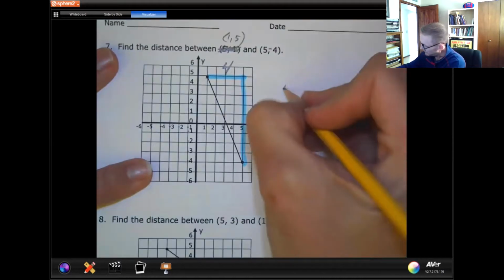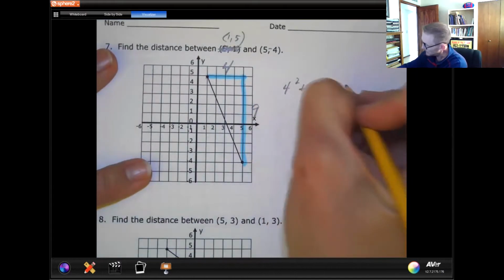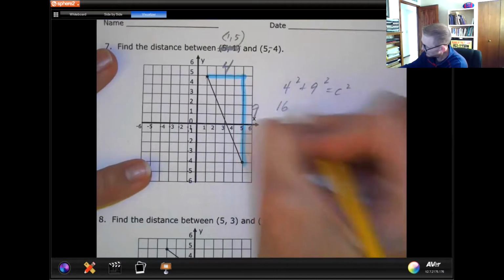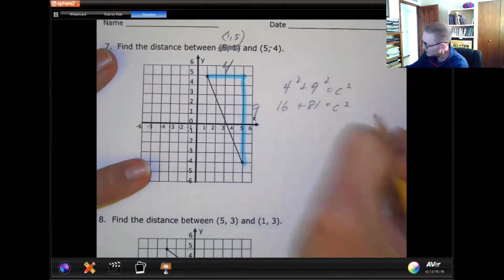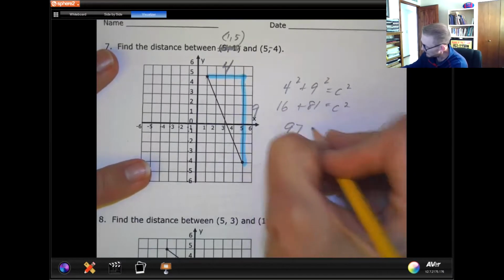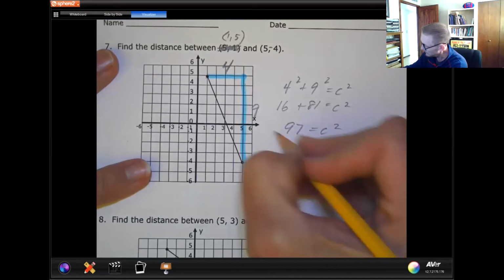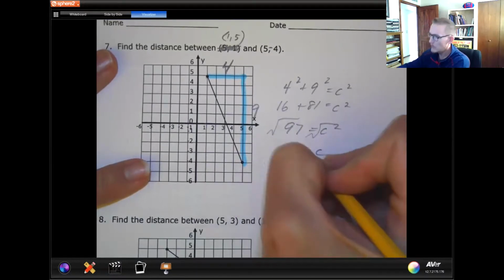So it's going to be 4 squared plus 9 squared equals c squared. 16 plus 81 equals c squared. Add those together and get 97 equals c squared. And the last step is to square root.